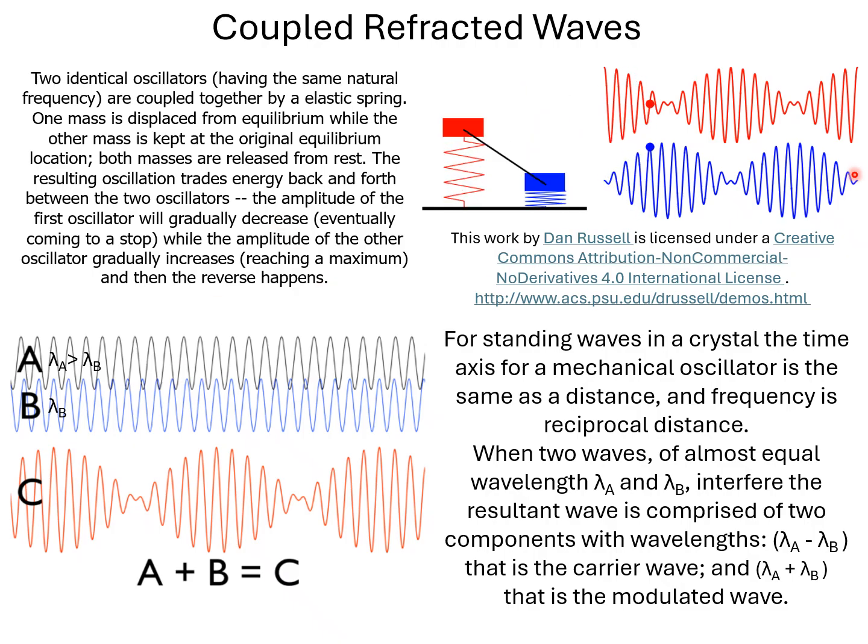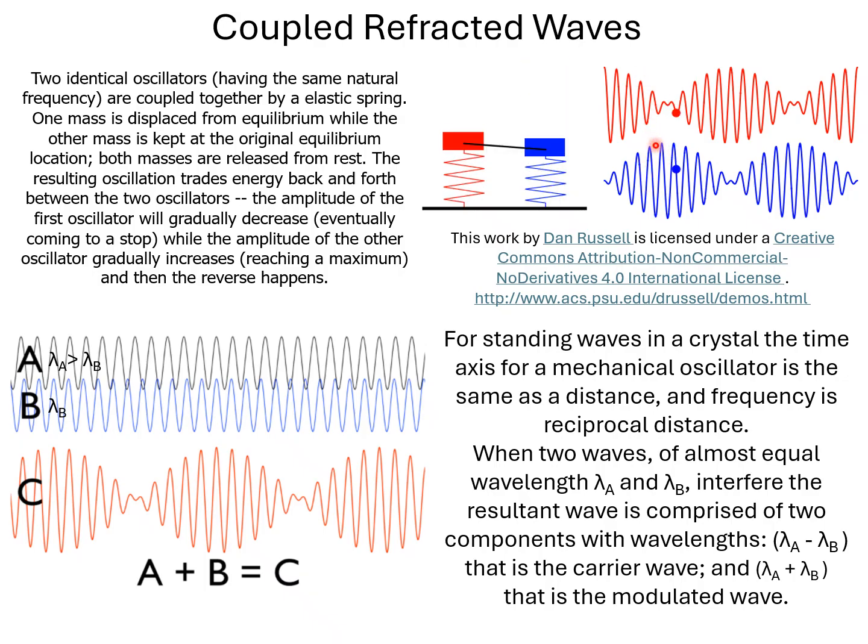So we can think of it pictorially like this. Here's a coupled oscillator. I pulled this off the internet. And you can see how, if we think about a direct wave and the diffracted wave going down through the crystal, this is as a function of time, but in our case it was a function of distance in the crystal.